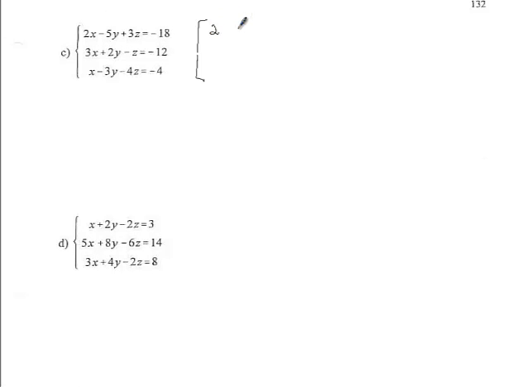So our augmented matrix will be 2, -5, 3, bar, -18, 3, 2, -1, -12, 1, -3, -4, and -4. And now we go to the calculator.